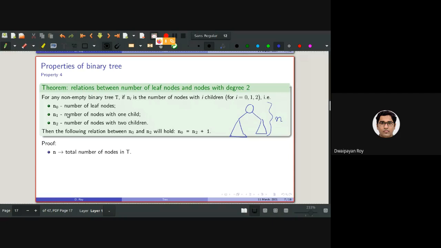And we have assumed that n0 is the number of leaf nodes, n1 is the number of nodes with one child, n2 is the number of nodes with two children. So what will be the value of n here based on n0, n1 and n2?